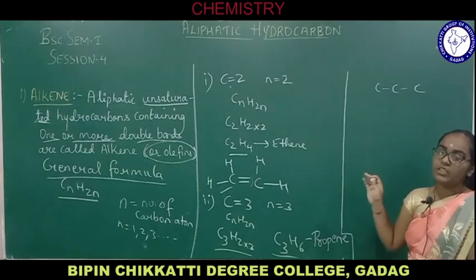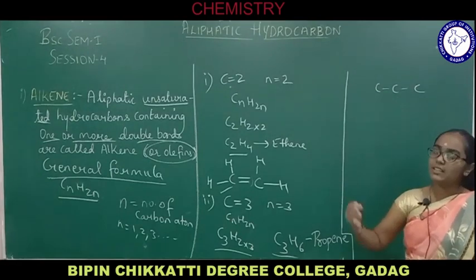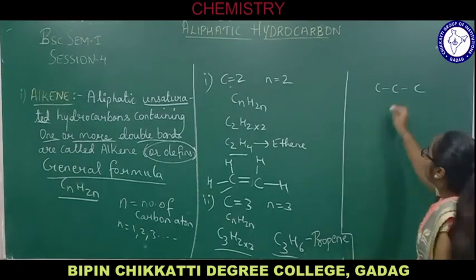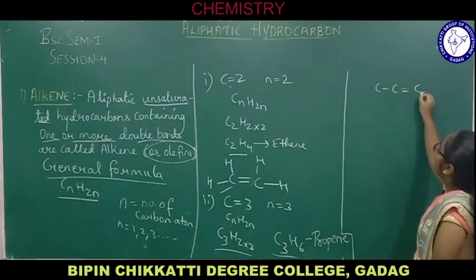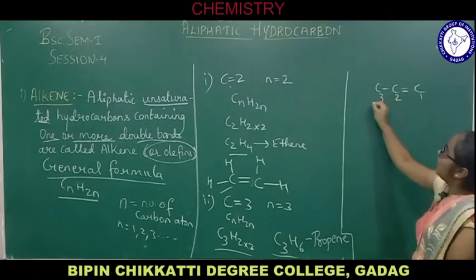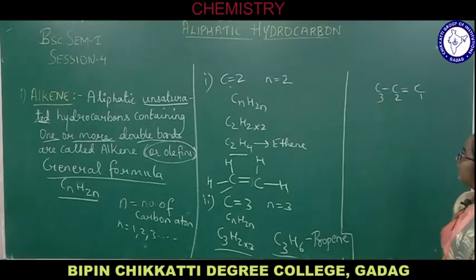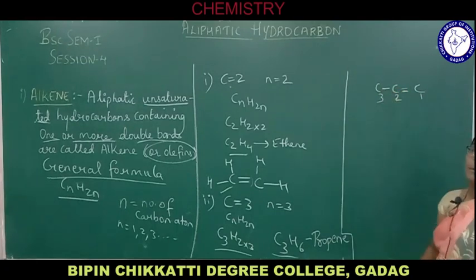At present we are talking about 1 double bond. Later on you may get more than 1 double bond. So now I am going to draw 1 double bond between carbon number 1 and carbon number 2. Carbon number 3 I am going to write as it is. The remaining bonds I am going to satisfy by substituting hydrogen atoms.